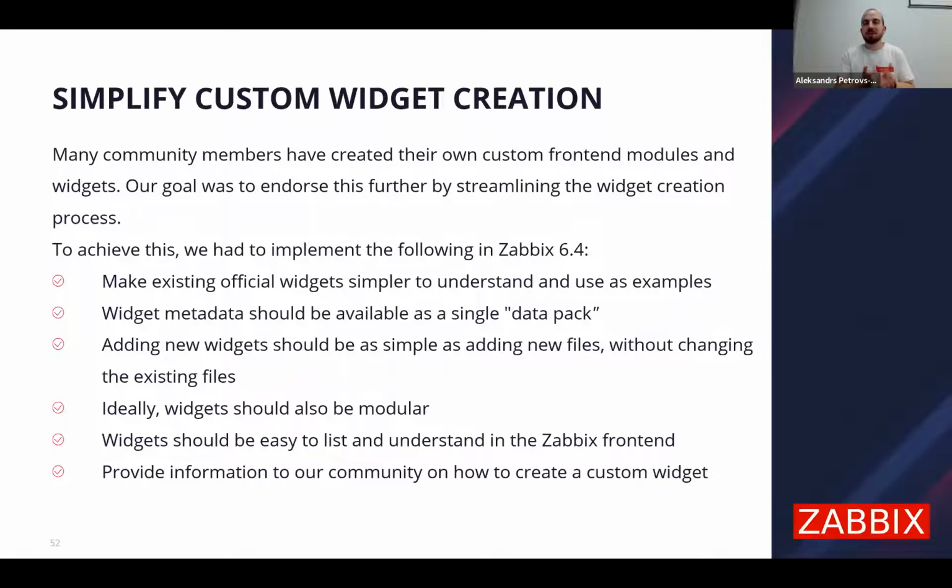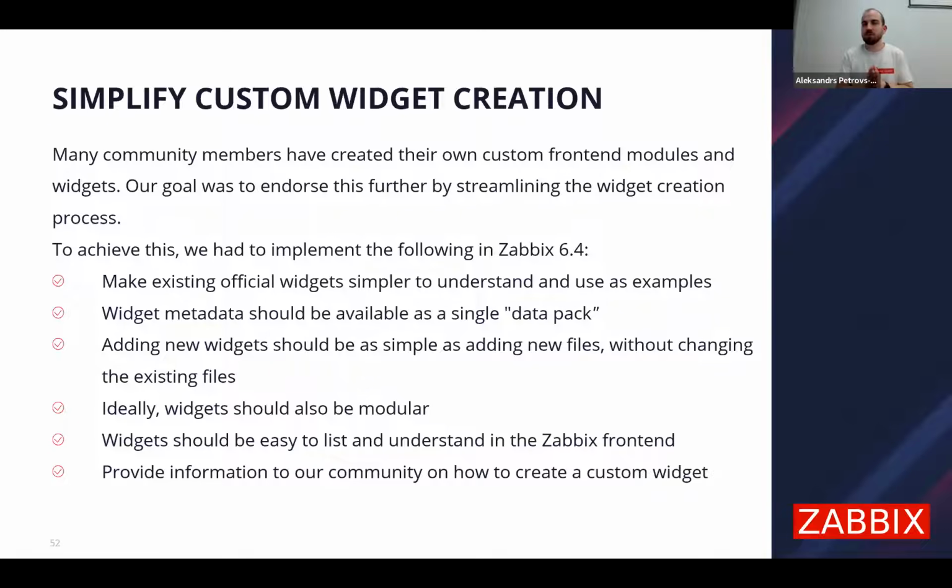And to achieve this, in Zabbix 6.4, we have implemented the following. Official widgets are now simpler to understand and can be used as examples to create your own widgets on the dashboard. Widget metadata should be available as a single data pack, and adding new widgets should be as simple as adding new files.